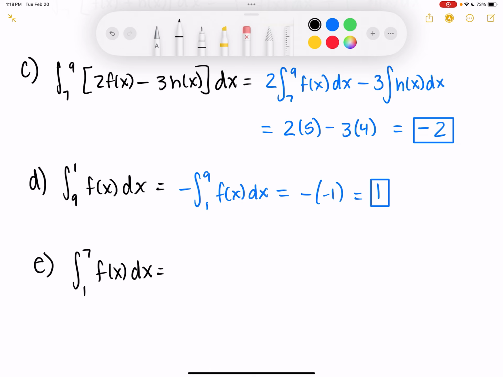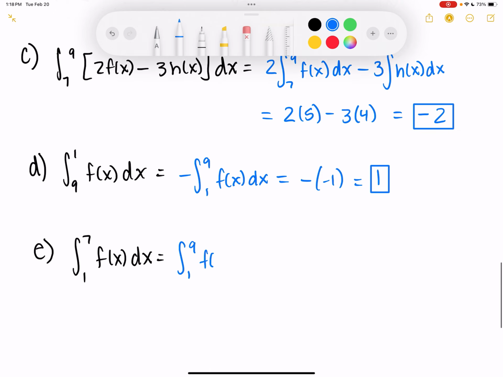So I'm going to use the integral from 1 to 9 of f of x dx. Then I'm going to subtract off 7 to 9, because then that leaves me with 1 to 7. So the rule works the same way, either way. So this is the integral from 7 to 9 of f of x dx.